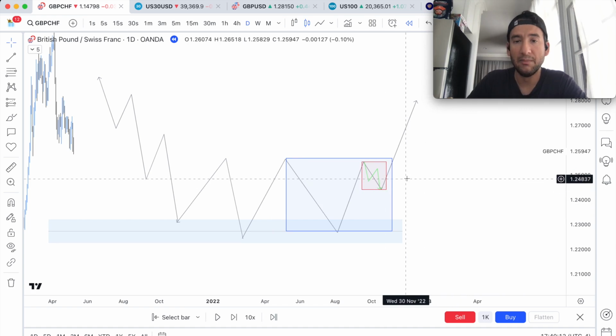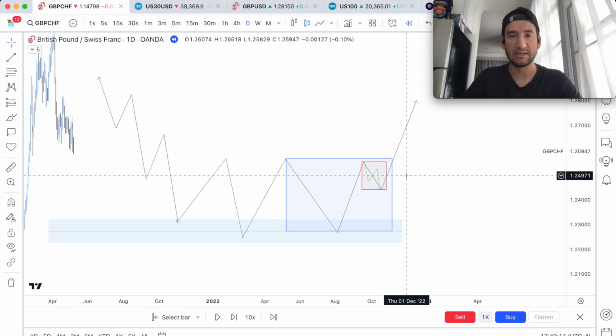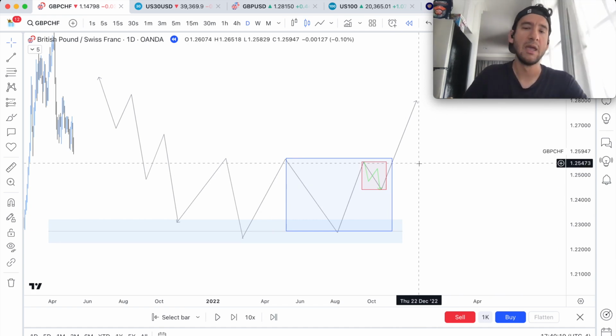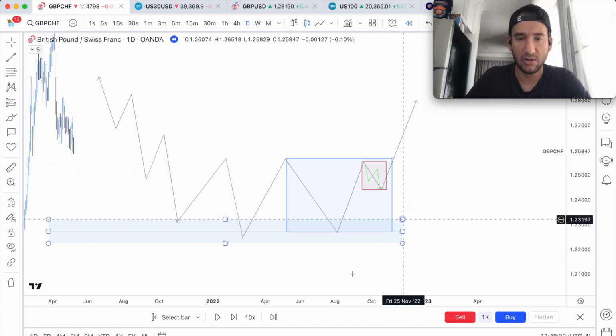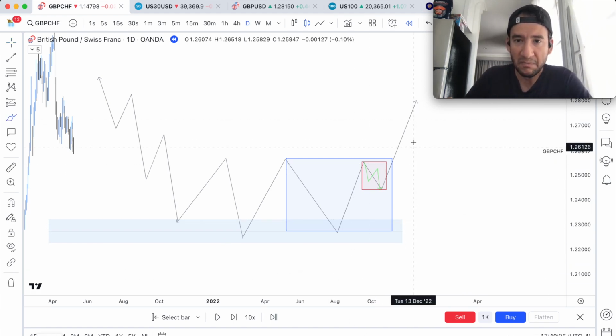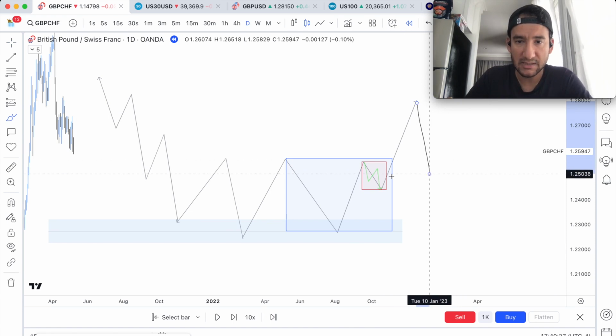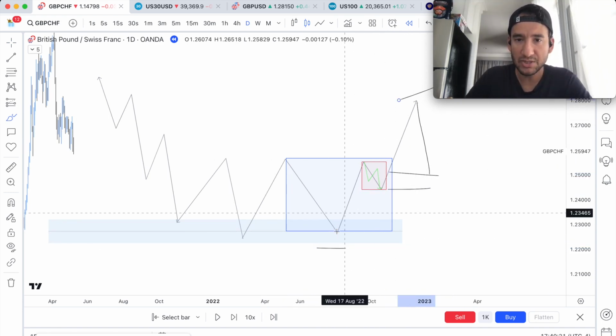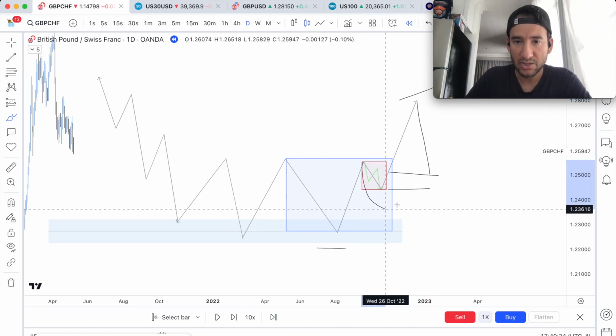However, in our instances, what we do here is we try to identify where price is most likely going to react from. There's two areas usually, actually. It's either going to react to this demand zone here, because from this low to this high we just have another internal low, right?